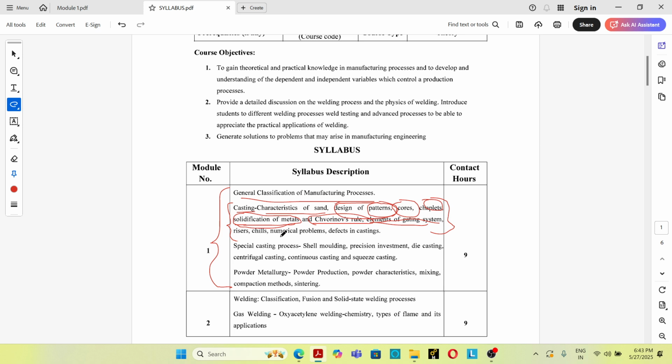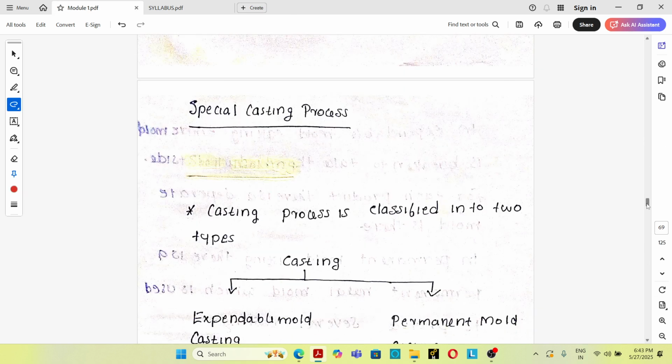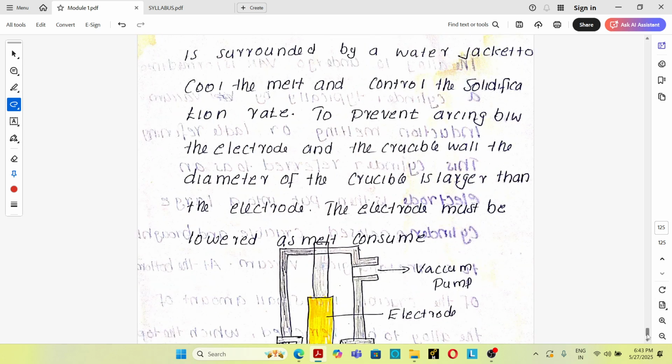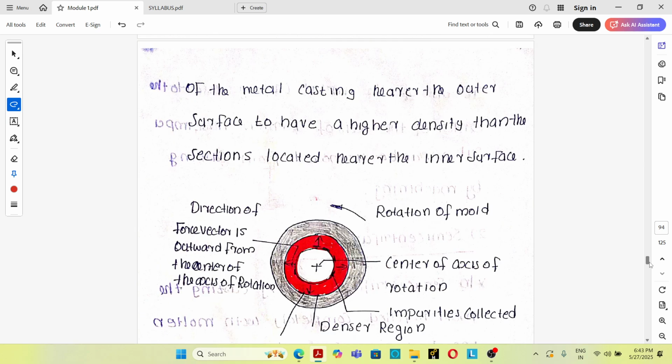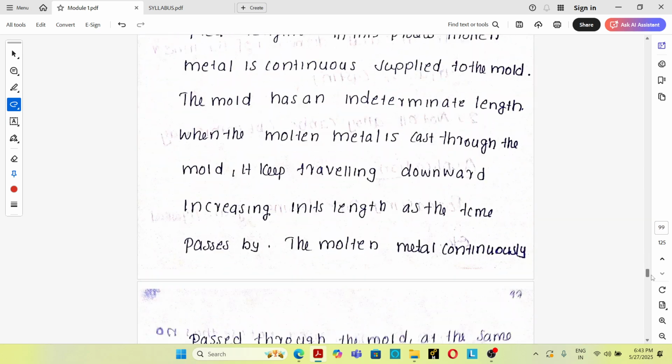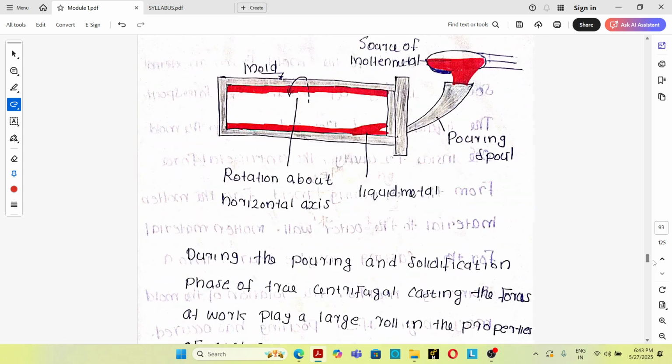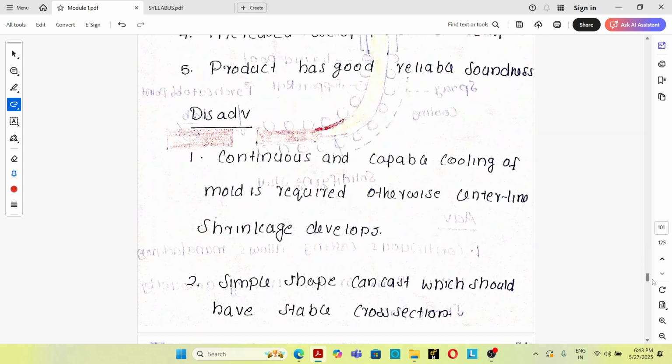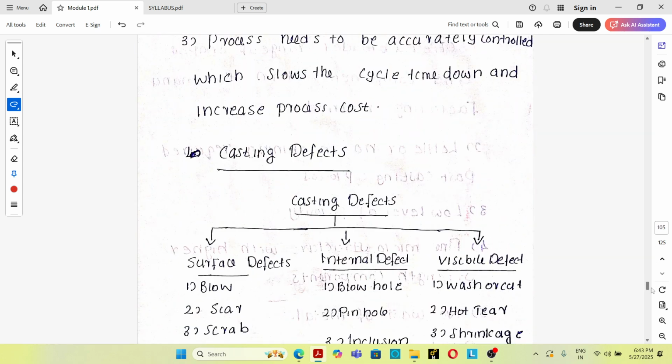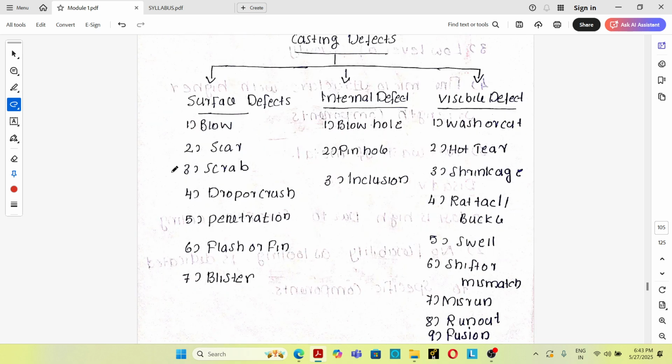Then we have chiller numerical problems, defects in casting. Defects in casting means we have various types of defects in a casting process. So you have to study all the types of defects in the casting process. So this is the casting defect. We have a large classification of casting defects.